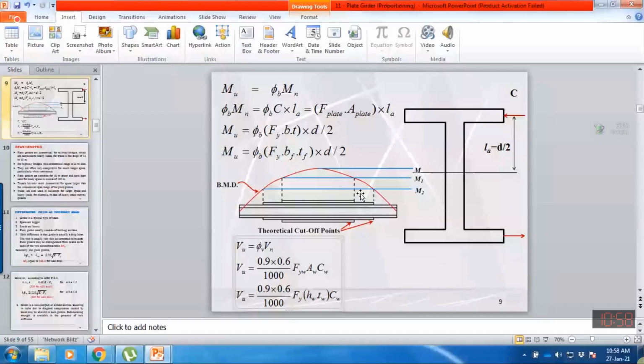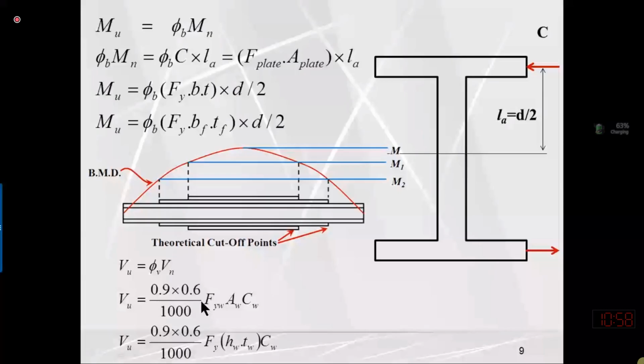So actually, the web dimensions are mainly based on many criteria, but I will give you the one idea. If we know the applied shear and the yield strength, we can compute the area of the web by using this equation. So we just compute the area of the web as per our requirement.